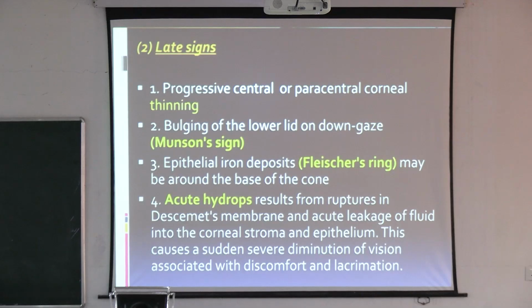Then late stages: in late stages there is progressive central, paracentral and corneal thinning.